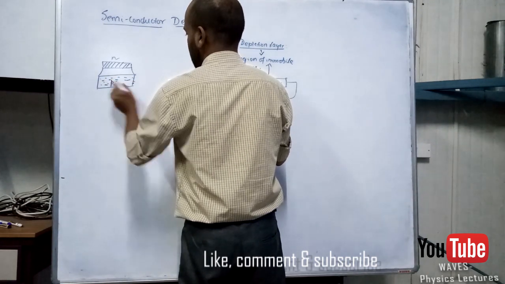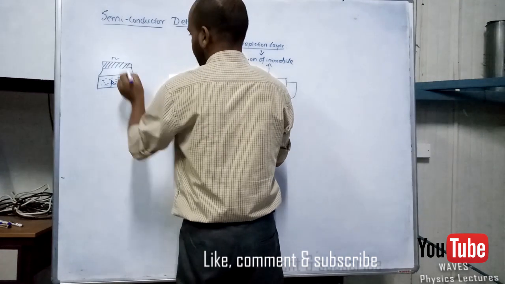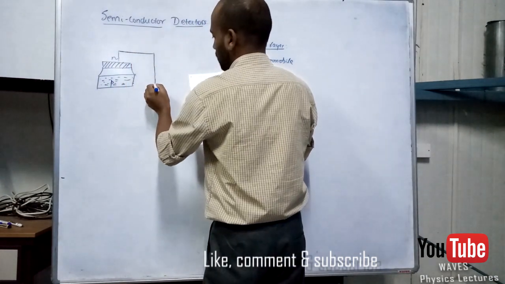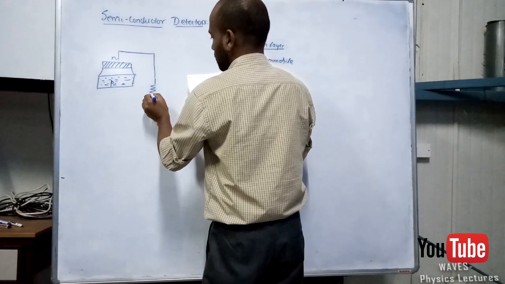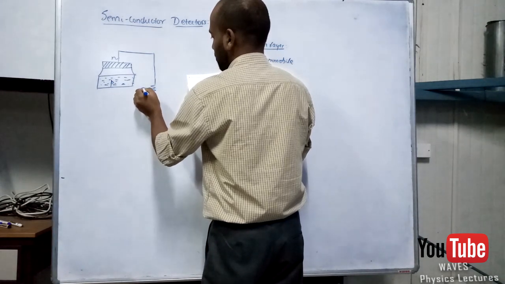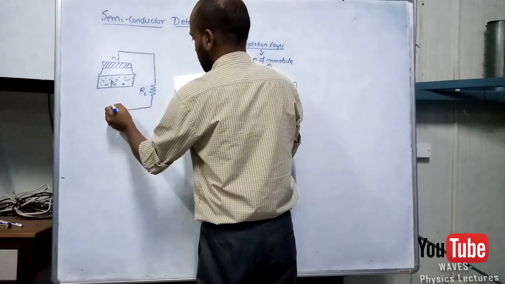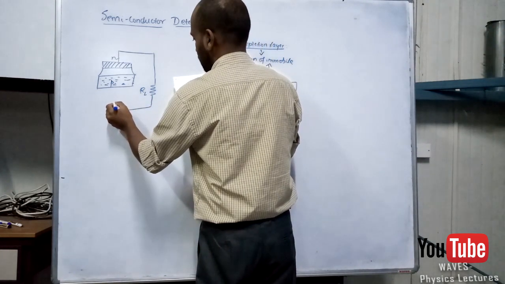This is P-type, and then we connect this across a load resistance RL. And since this is in reverse bias, on this side we are going to get a positive end.